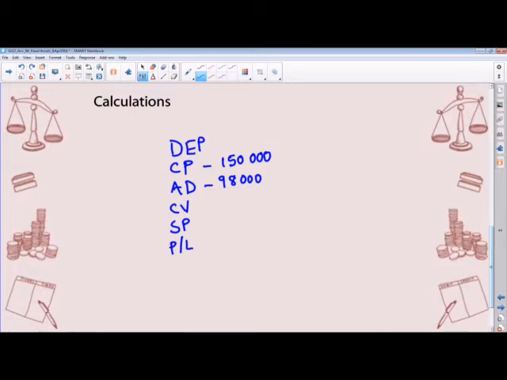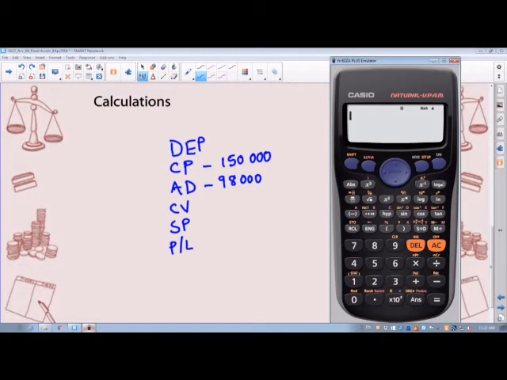We're going to take out our calculator and we're going to say 150,000 minus 98,000 to give me a carrying value of 52,000. Immediately we say, right, 52,000 times 15 over 100 times 6 over 12.